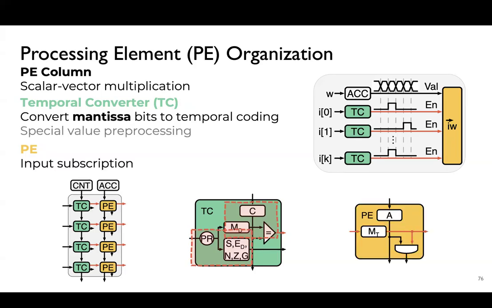The yellow block shows the zoomed in view of a Carat PE. As opposed to conventional GEMM accelerators, which usually have very compute heavy PEs, Carat PEs here are very different. They're very simple and only implement subtraction.